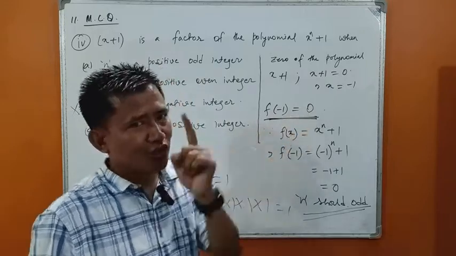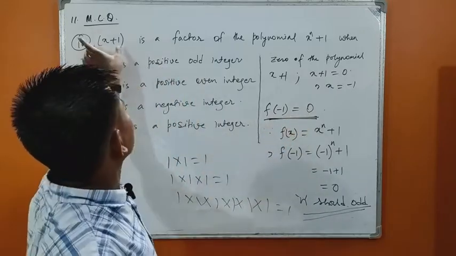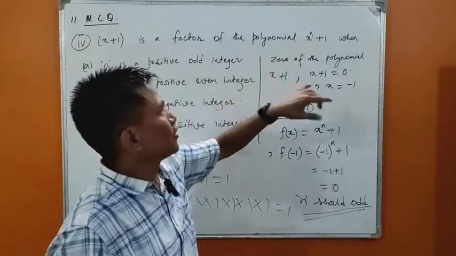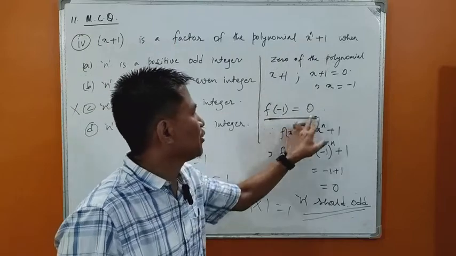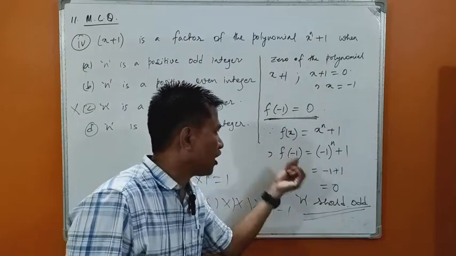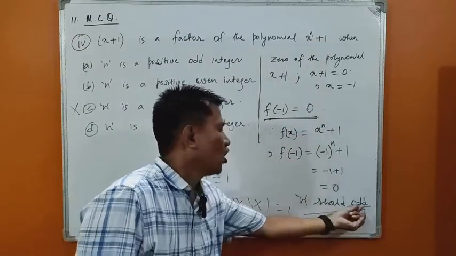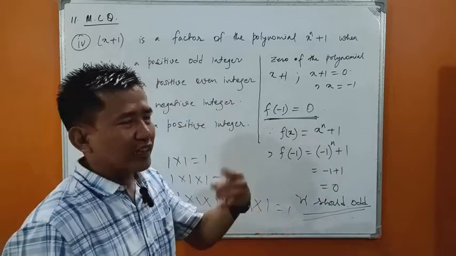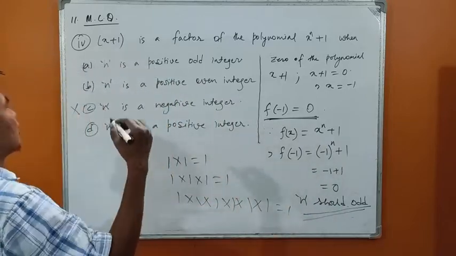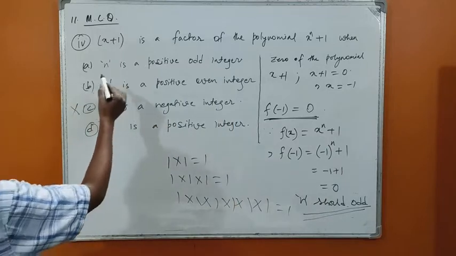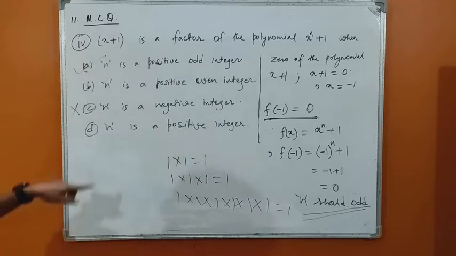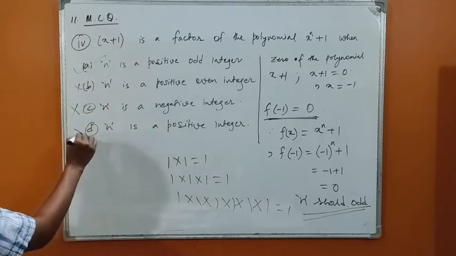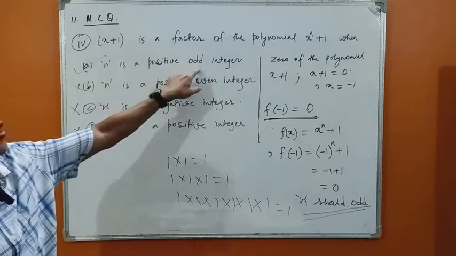And if the remainder is not equal to 0, that means this expression is not a factor of the other expression. For it to be a factor, the remainder should be 0, and the remainder will be 0 only when n is an odd integer, an odd positive integer. So in this option, n is a positive odd integer. Even integer is wrong, and n is a positive integer is also wrong. n is a positive odd integer.